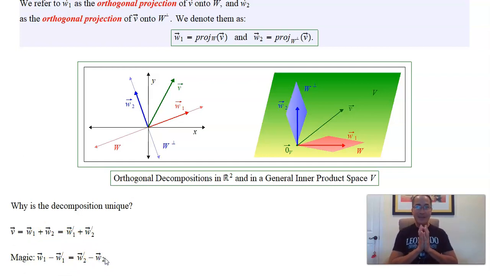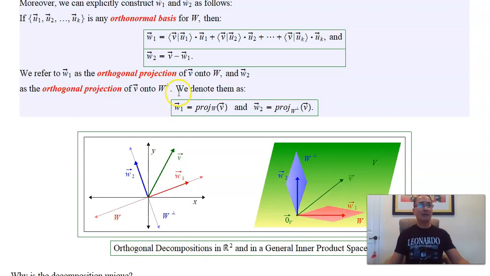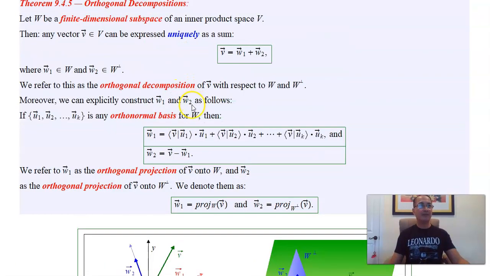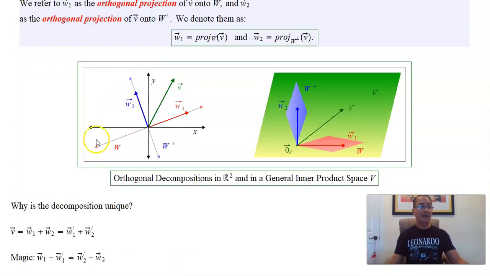Why is this so important? Why does this tell us everything? Remember, where are these vectors from? W1 is from W, and W2 is from W perp.